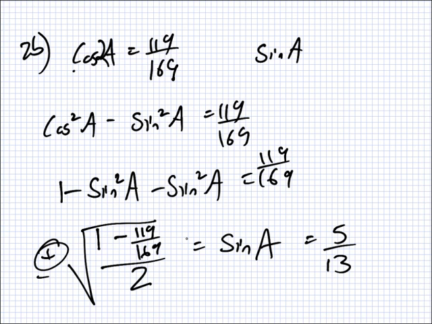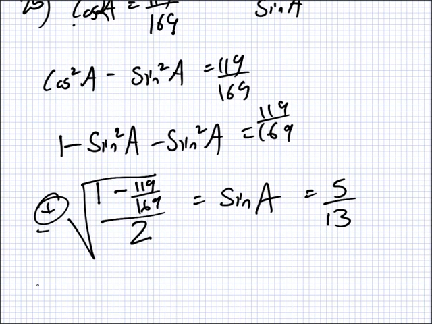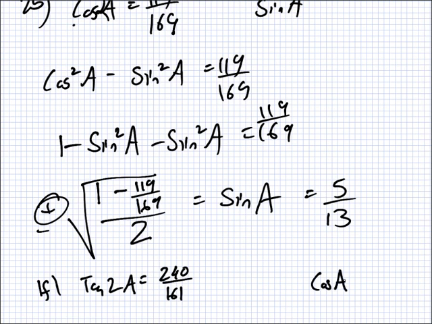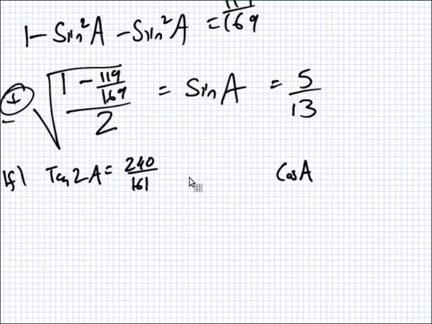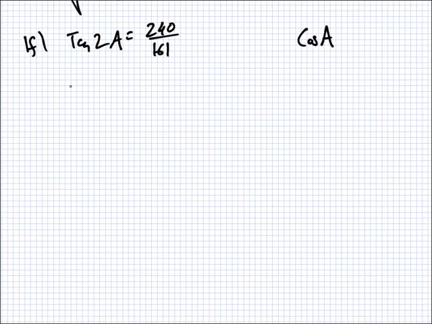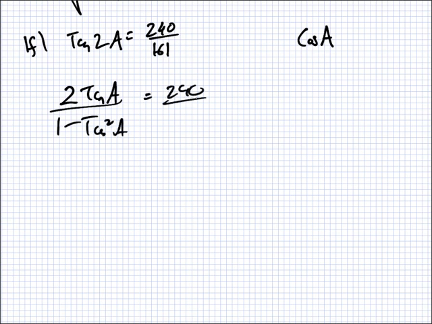Tan 2A is 240 over 161, and now we want cos A. Okay, so we can say 2 tan A over 1 minus tan squared A is 240 over 161.